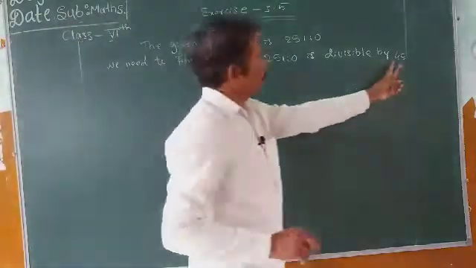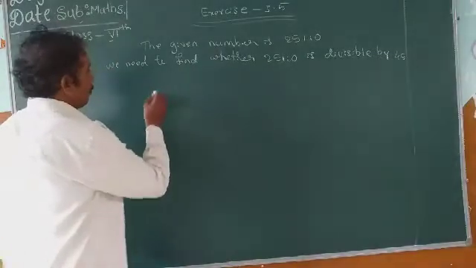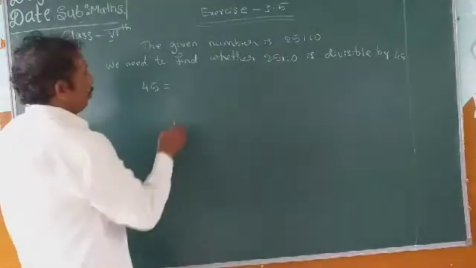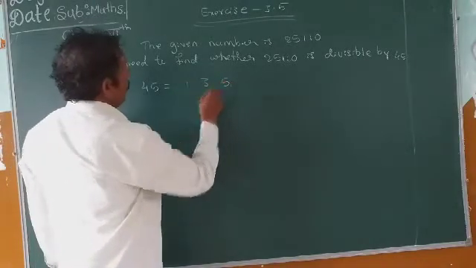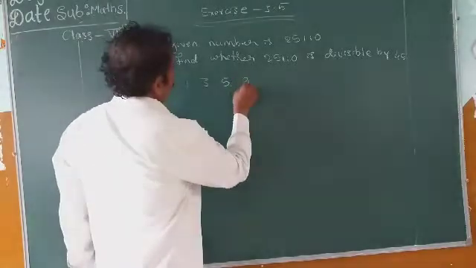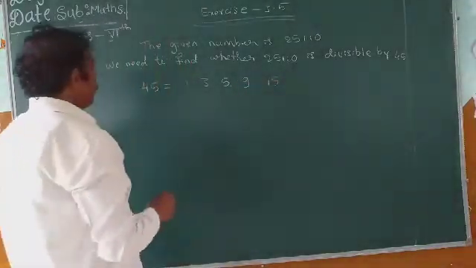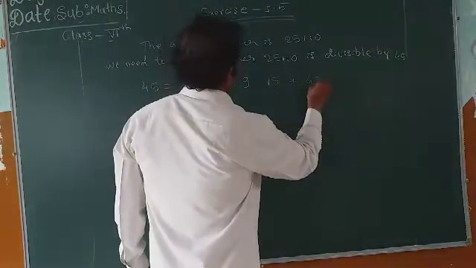So, now the factors of 45 are 1, 3, 5, 9, 15 and 45.